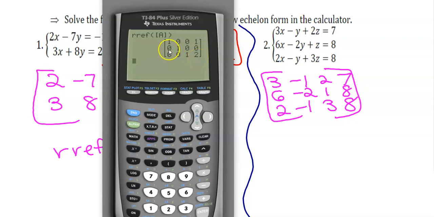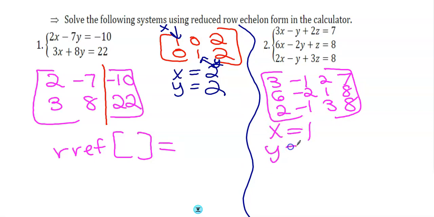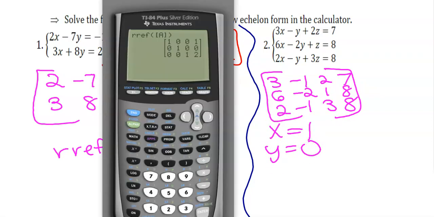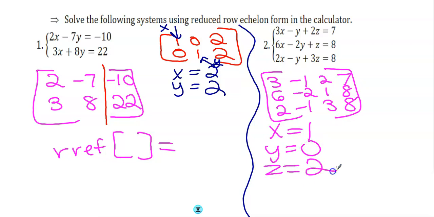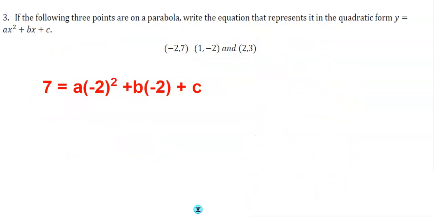So be careful. If you have this diagonal of 1s, you do have one solution for each one. I don't want you to be stressed and be like, wait, there's a 1 and a 0. That means that Y equals 0. So X equals 1, Y equals 0, and Z equals 2. And there we go for our answers.